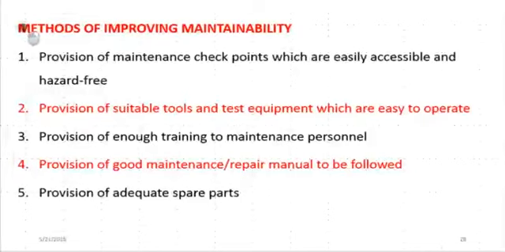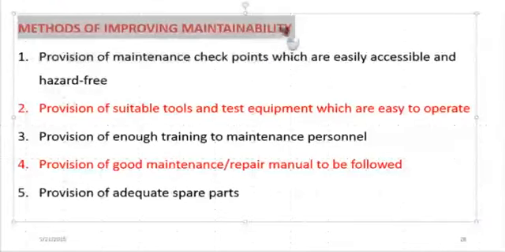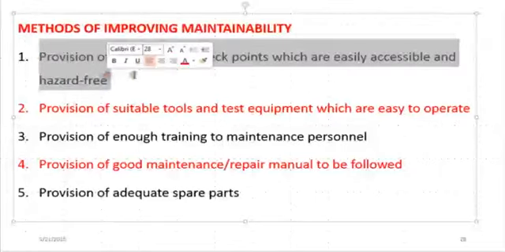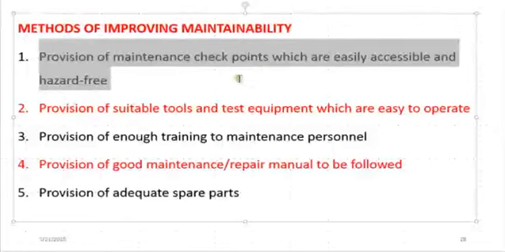Then, what are the methods of improving the maintainability of any system, equipment, or device? The first thing is provision of maintenance checkpoints. That is an entry into the machine or into the device where the maintenance will be done. And this checkpoint, that entry, must be easily accessible, and it should be hazard free.